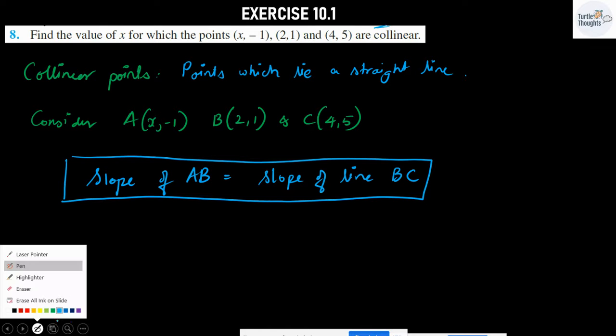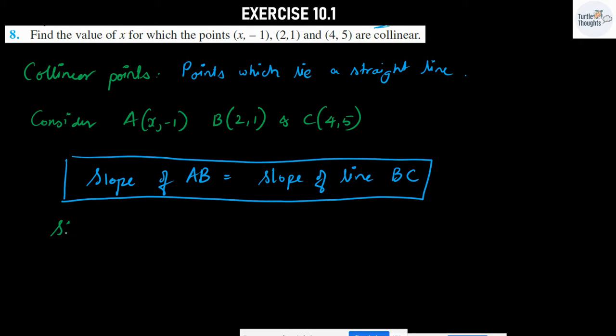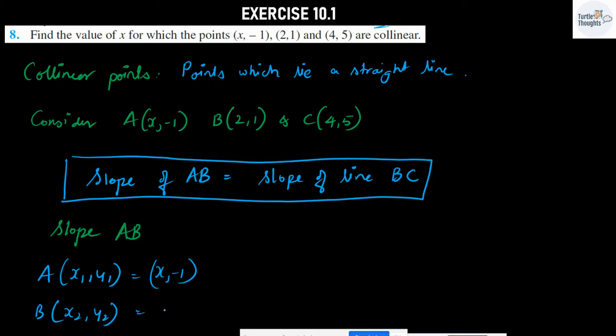Now, let me write the slope of AB. To find it, I take A as (x1, y1) and B as (x2, y2). A is (x, minus 1) and B is (2, 1), and slope of any line is given by y2 minus y1 over x2 minus x1.